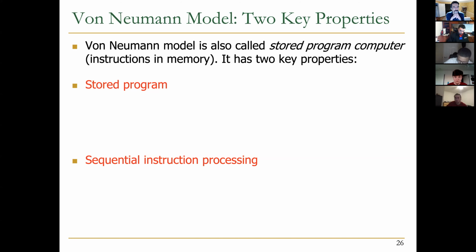One is the stored program, being able to store a program like data. The other is sequential instruction processing, also being able to execute what you stored in the memory.